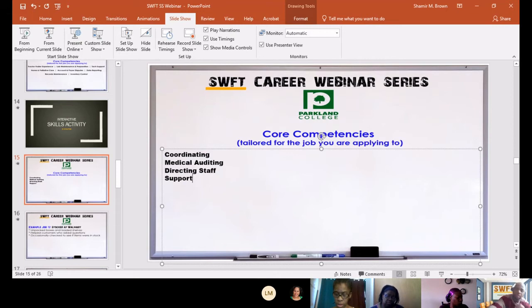In terms of support, what were you thinking there? Support the team and any higher management. I like medical auditing. That's actually pretty strong there. So that's very on target for how you want to be wording your core competencies.